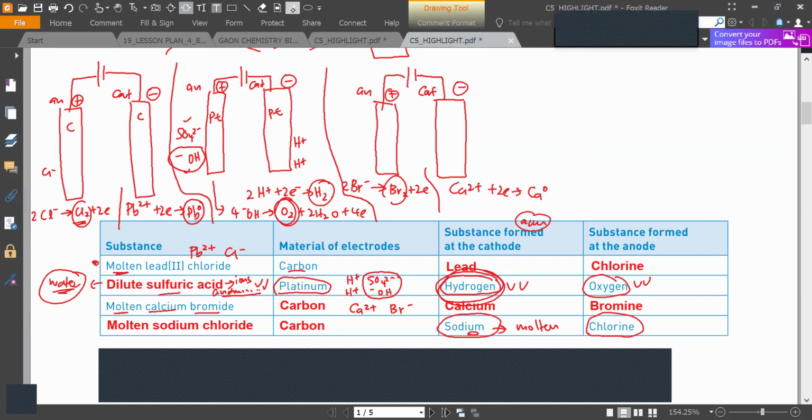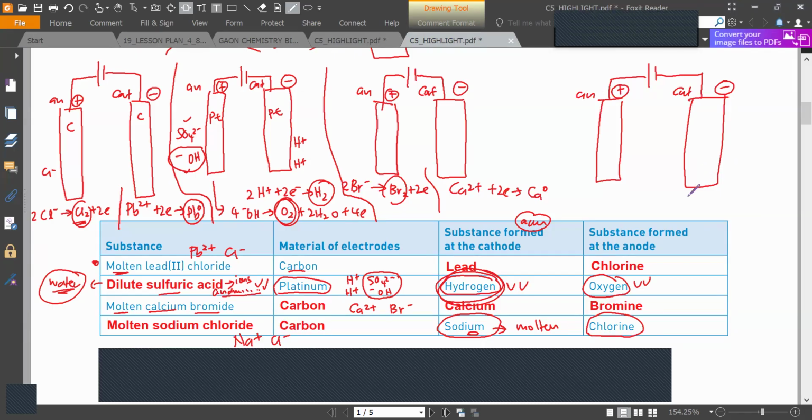How it happened? Molten sodium chloride, so we have sodium plus and chloride negative. Cathode negative, anode positive.